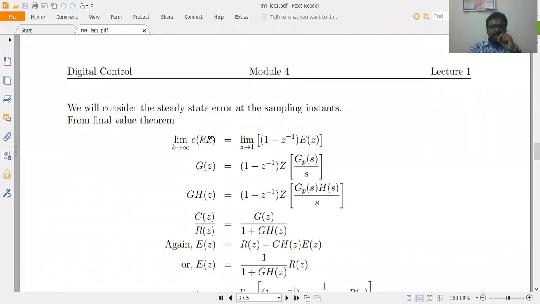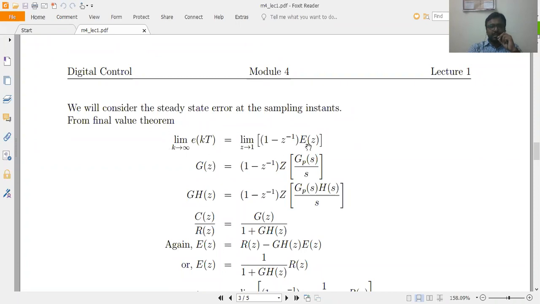The final value theorem with respect to the error signal can be taken as limit k tends to infinity, E of kT is equal to limit z tends to 1, 1 minus z inverse into E of z.